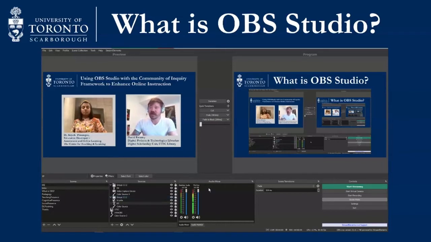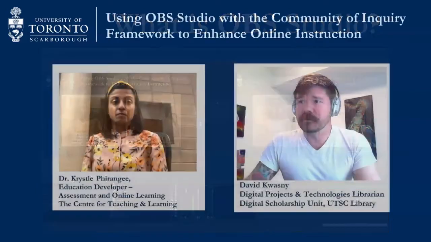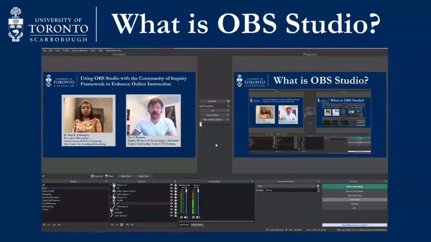I also have the ability to adjust my desktop and audio, so it gives me greater control of a lot of functions in my presentation style. I can also transition between these two as fast as I'd like to, and that's how we switch between each of these slides.